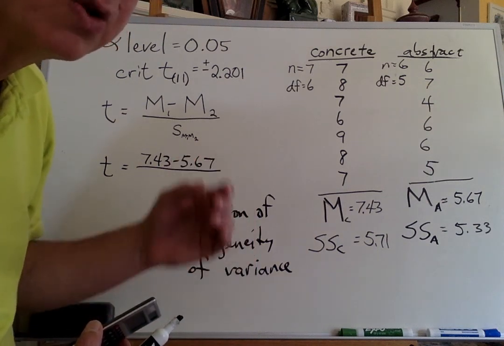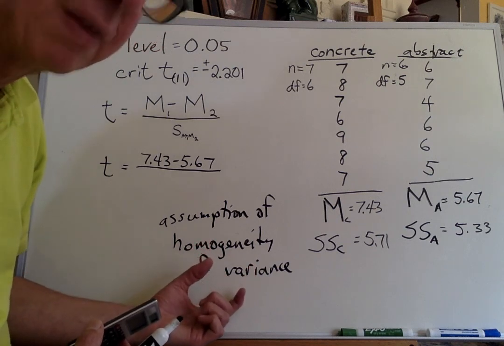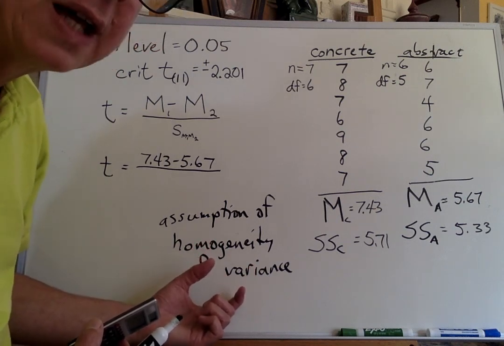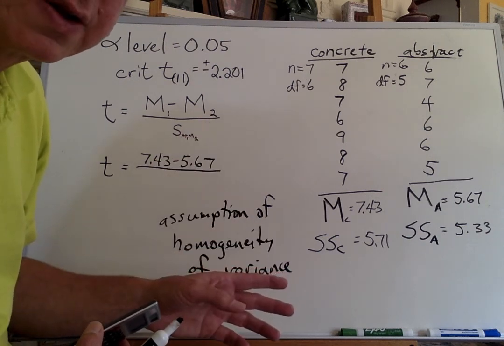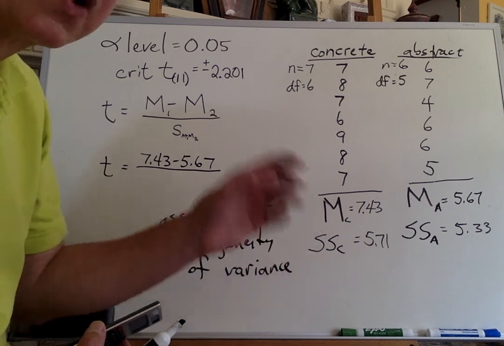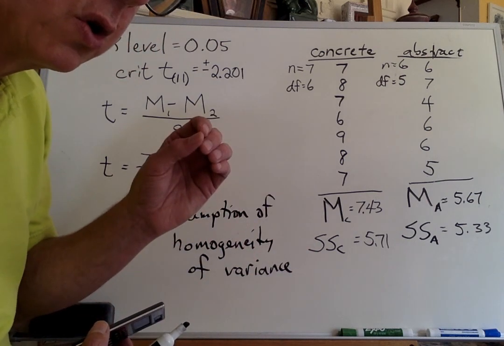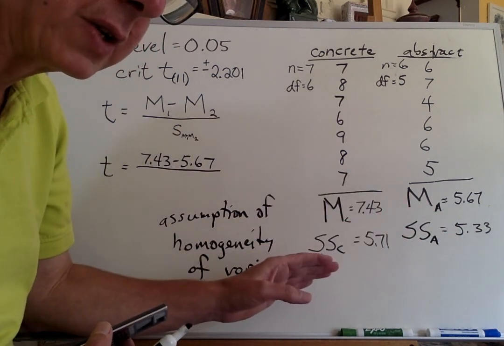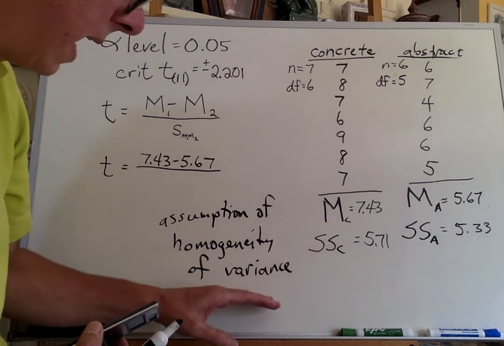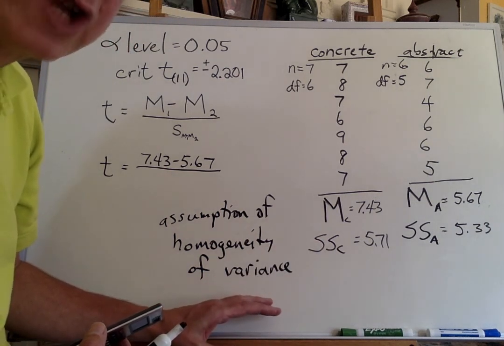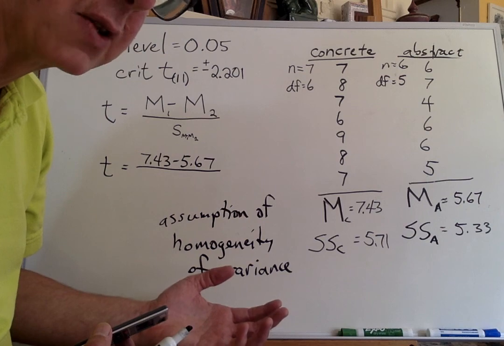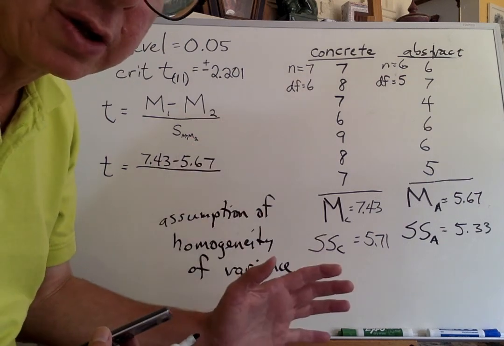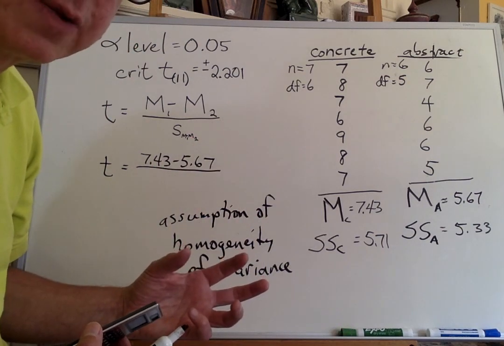If there's reason to believe that this assumption has been violated, then we would need to do a different statistical test. Okay? So let me go through this again. We're going to combine these variabilities because we have an assumption of homogeneity of variance. They should reflect the same variability. But why do we make that assumption? That's the assumption, but why do we make that assumption?